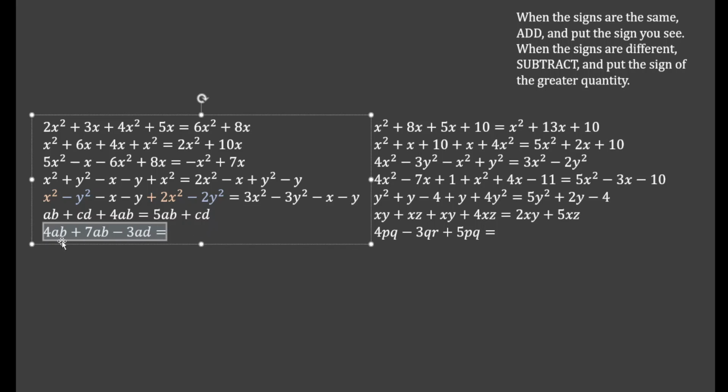We combine the 4AB plus the 7AB, and we'll get 11AB, and we can't do anything with the 3AD, so it could just be 11AB minus, or negative, 3AD.